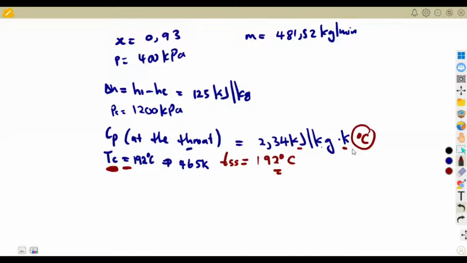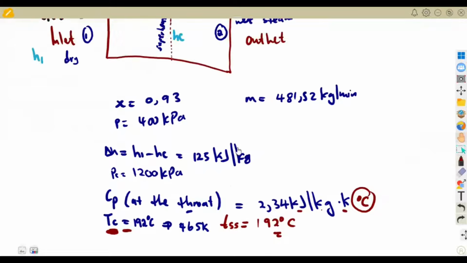Remember, when we are substituting the temperature, even from our steam table, we have degrees Celsius, not Kelvins. So that's why this is supposed to be per kilogram degrees Celsius. Please take note of that.